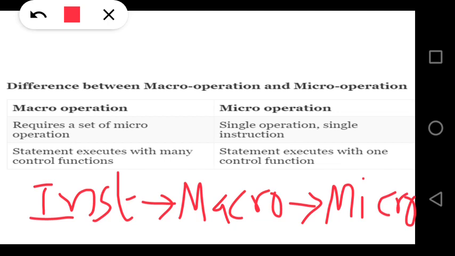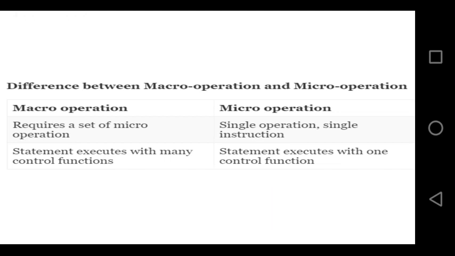We will see what this control function means. Remember, a macro operation has more than one control function, whereas a micro operation has only one control function. For the time being, understand that a control function is something related to the execution of an instruction.